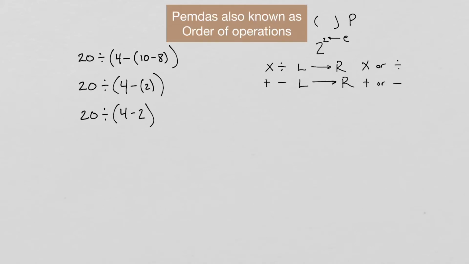Notice that once you get a single number by itself, the parentheses drop off. At this point, you don't really need to write them; I'm just showing you. So 4 minus 2 gives us 2. Now 20 divided by 2, 10. Final answer, 10.